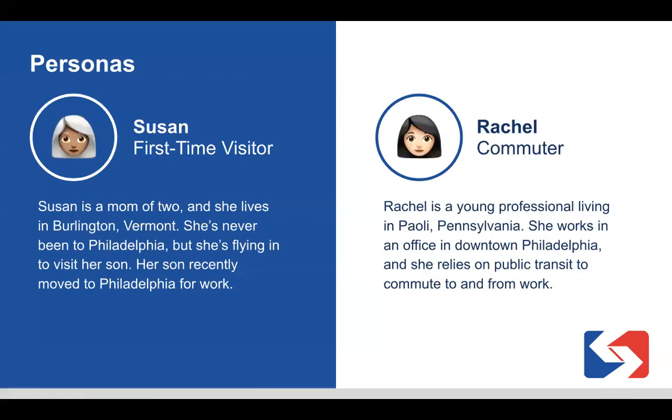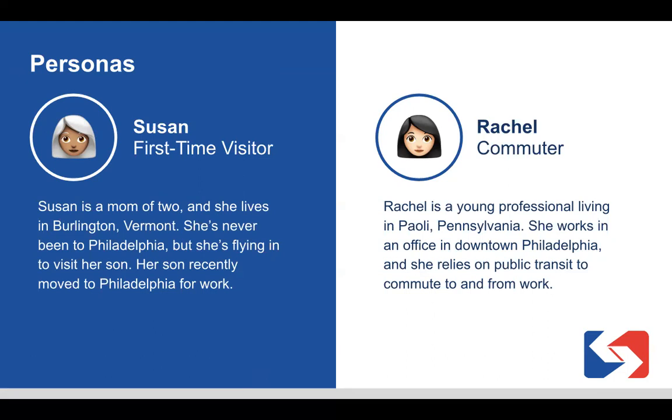So next, I'll talk about the personas that I used to get a tunnel vision into what people are actually using the site for. The first is Susan, a first time visitor to Philadelphia, who is relying on SEPTA to understand how to get from the airport to see her son who recently moved there.